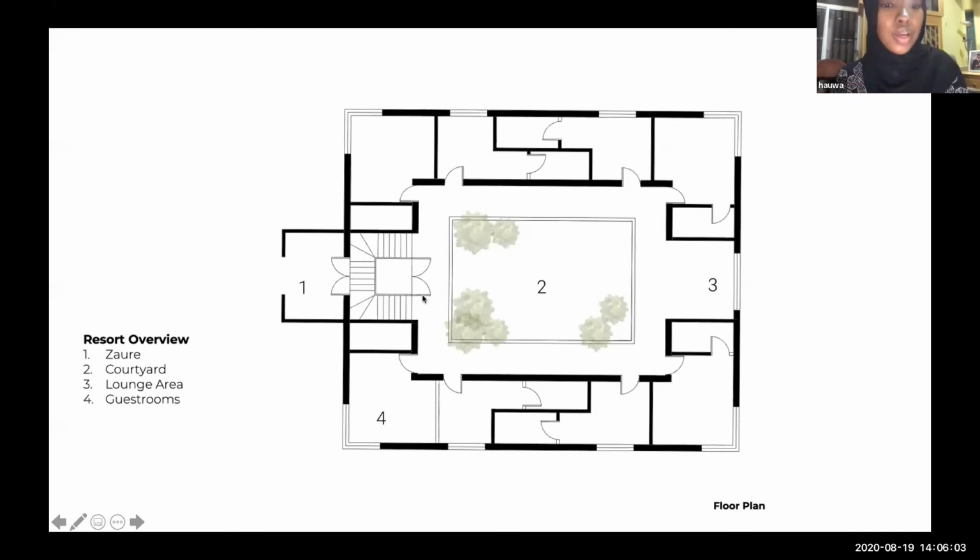And then I have the courtyard in the middle, surrounded by guest rooms, and then there is a lounge area at the back.